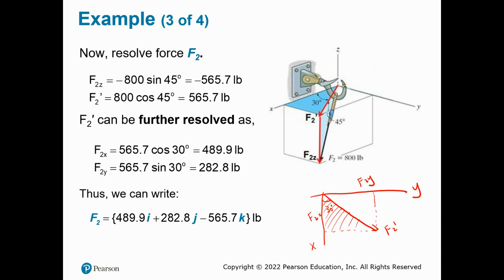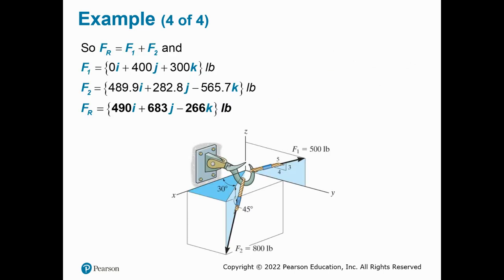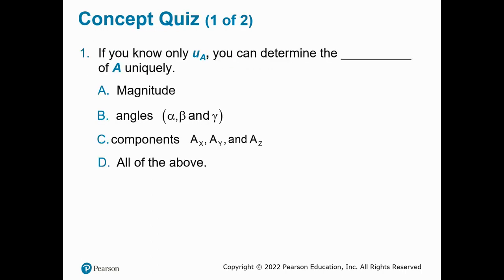So there's my ijk component for F2. Now, if I want to do addition, F1 plus F2, to find out the resultant force of these two together, you put all the i together, all the j together, and all the k together to find out what the resultant force is.